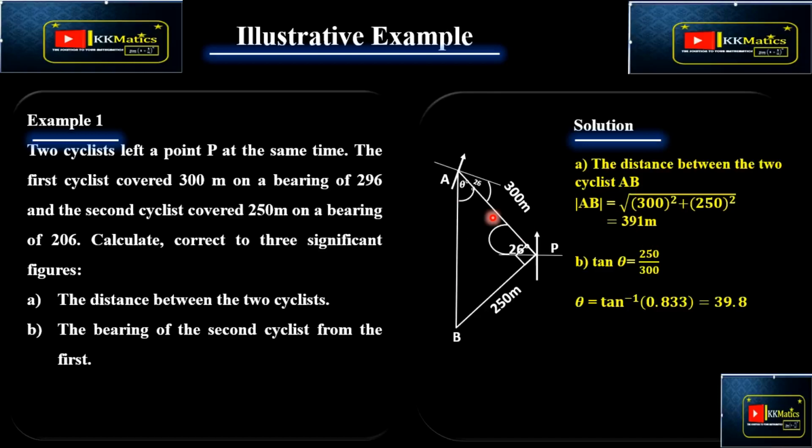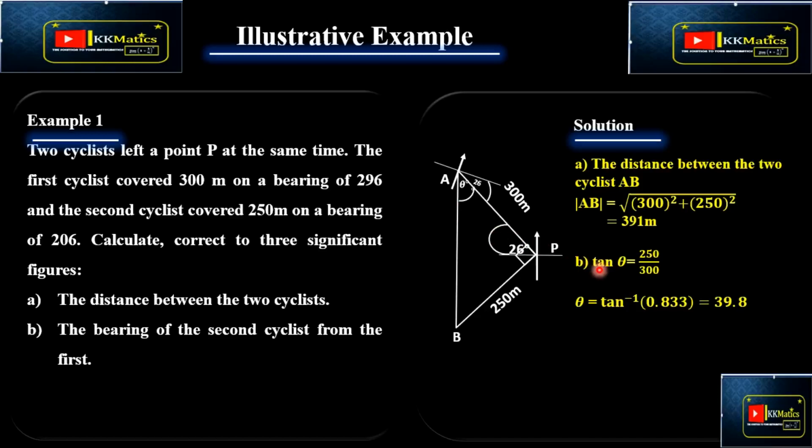However, here we are interested in finding theta, so we can use tan, or use trig ratio. The trig ratio that you should be familiar with is SOHCAHTOA. Now the TOA, which is tan. So we are making use of tan, which is opposite over adjacent.